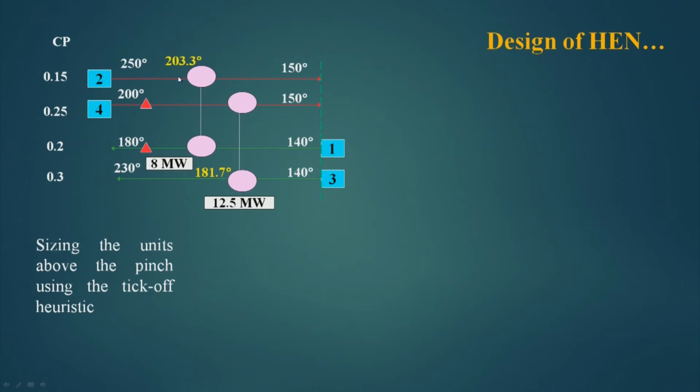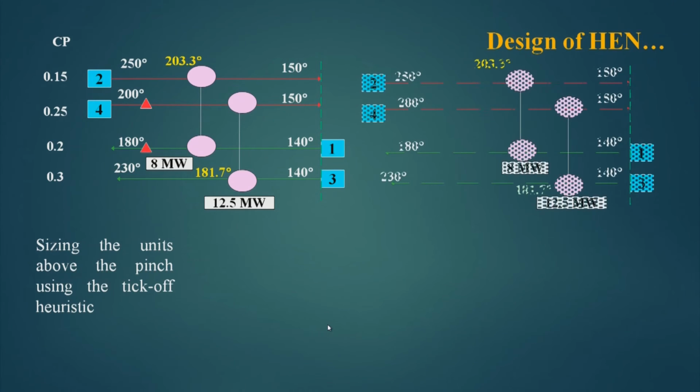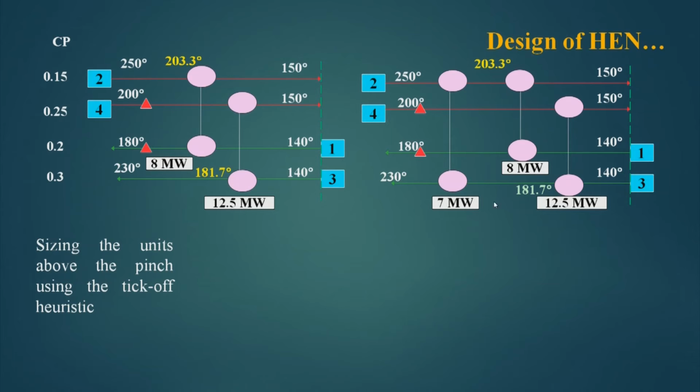However, this stream has got some heat available and this stream is ready to take some heat. So, let us see whether I can put a third match or not. So, the third match is between this and this, because this is ready to give heat and this is ready to take heat.